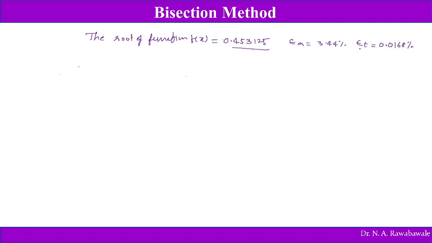So the condition in the problem is that the true error should be below 0.5%, which is satisfied, as it is less than 0.5%.